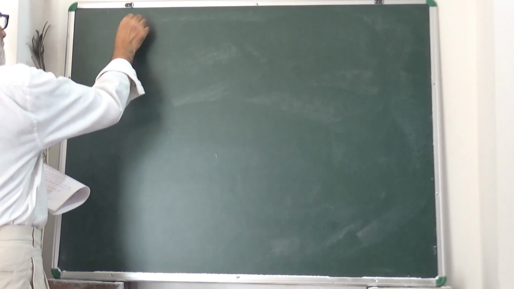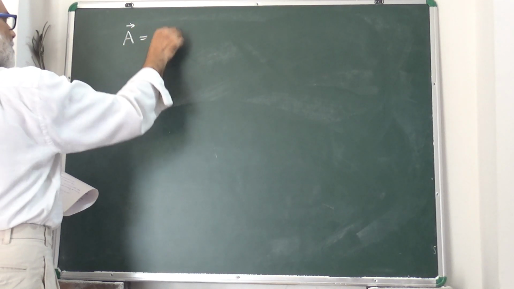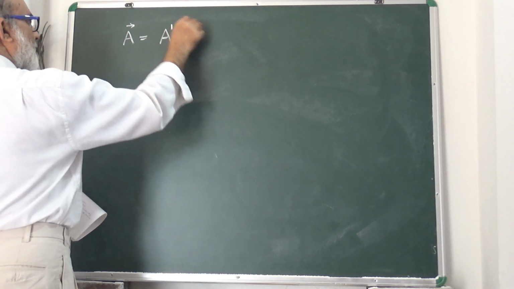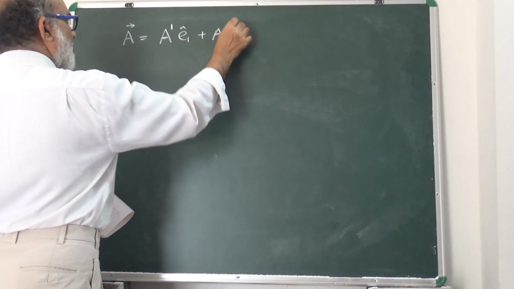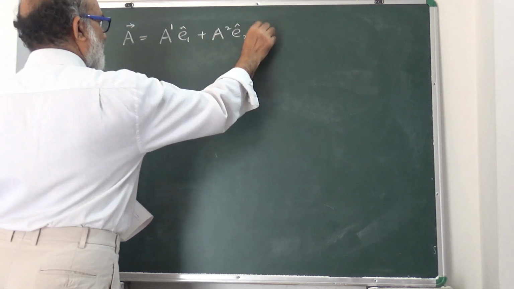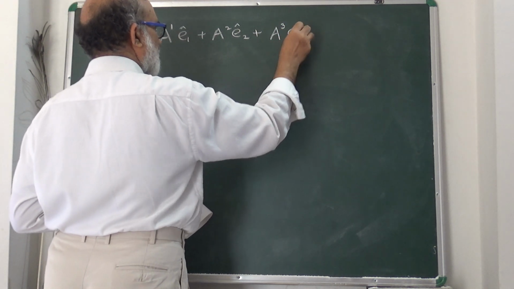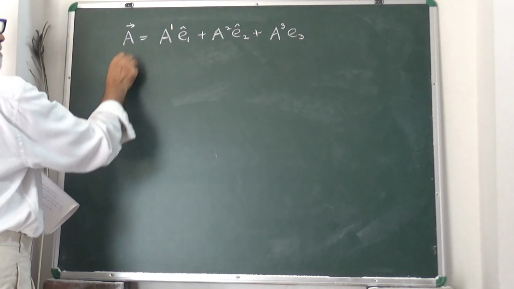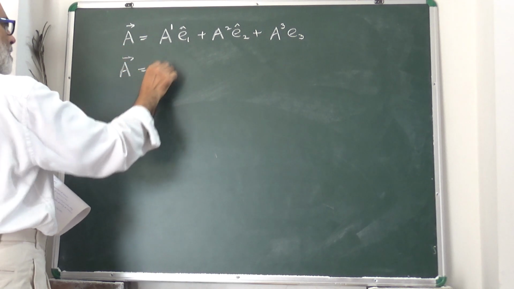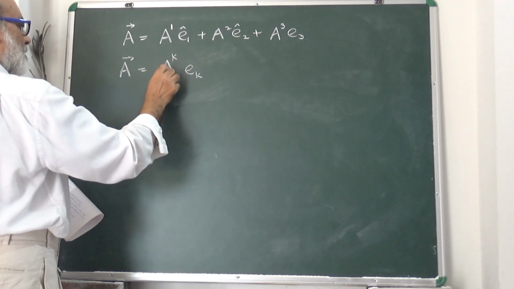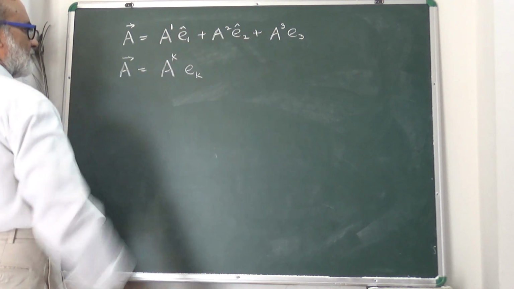Now suppose this is the vector A. I am writing it like this. This can be written as AK EK, where K runs from 1 to 3.